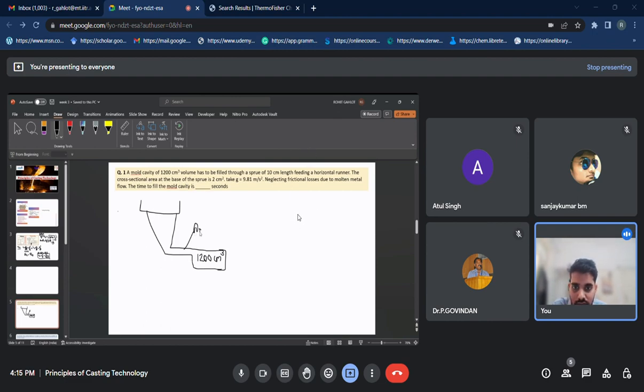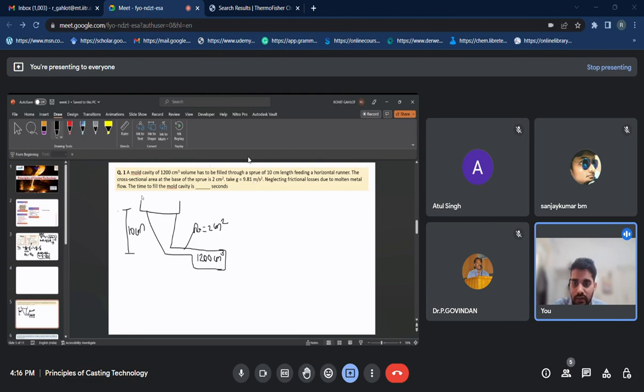The area at the base of the sprue is given as 2 centimeters square, and the mold cavity of 1200 volume has to be filled through a sprue of 10 centimeter length.